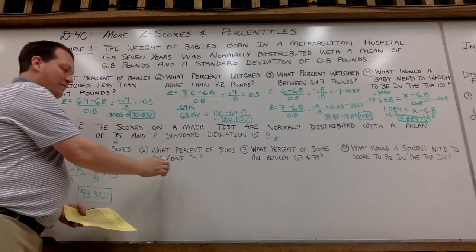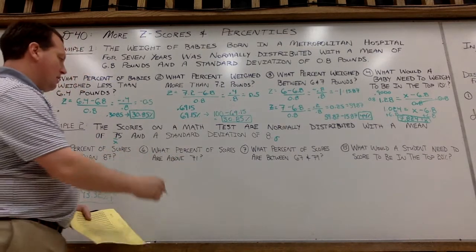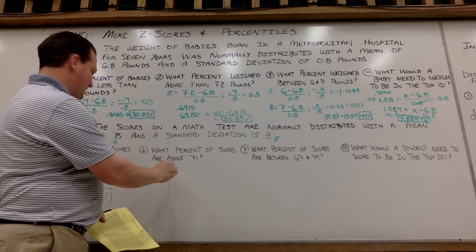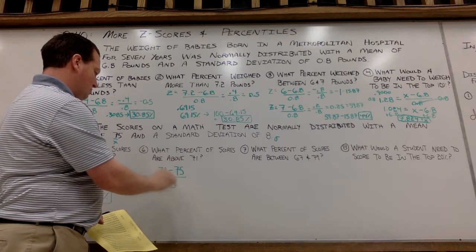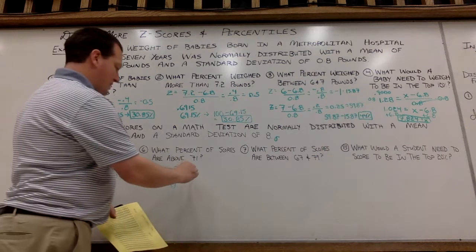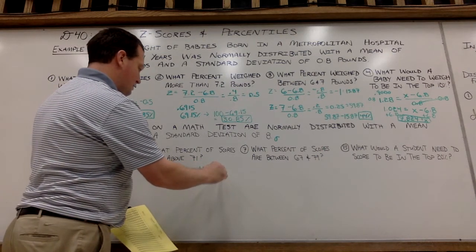Now, again, when we want to find above, we'll find that percent and then go 100 minus. So above 71, I'll go observation minus mean divided by standard deviation. So 71 minus 75 is negative 4 over 8 will be negative 0.5.